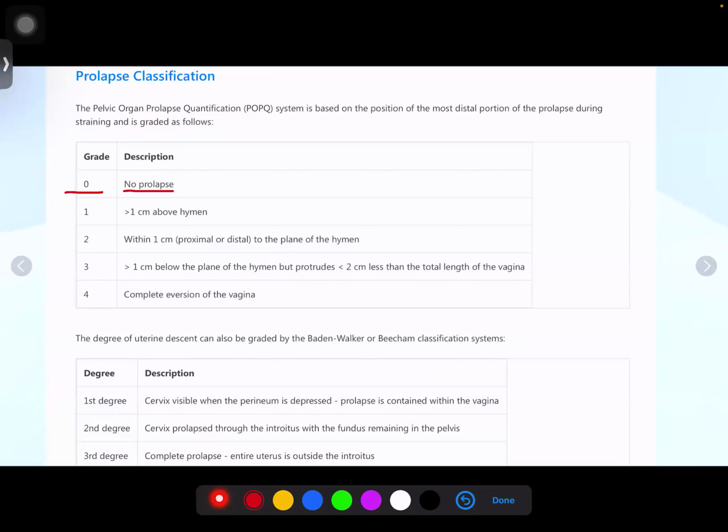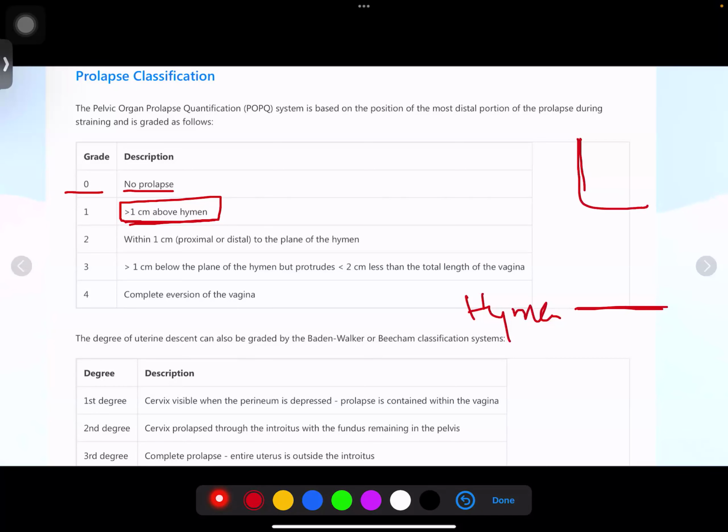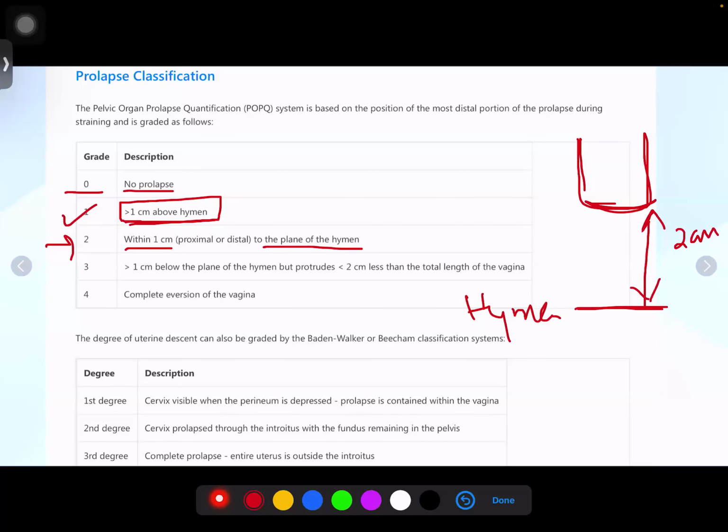If the prolapse is more than 1 centimeter above the hymen, this is the cutoff, and this point is the hymen, with the uterus and cervix here, if the structure is more than 1 centimeter from the hymen, like 2 centimeters above the hymen, it is grade 1. And grade 2 is within 1 centimeter of the plane of the hymen: within 1 centimeter proximal to the hymen and 1 centimeter distal to the hymen.